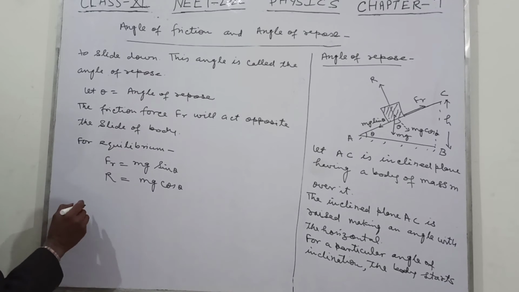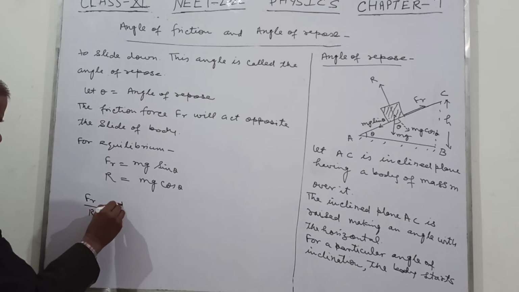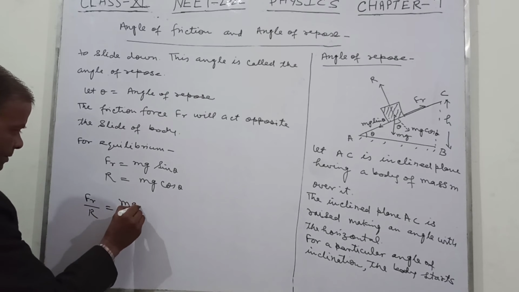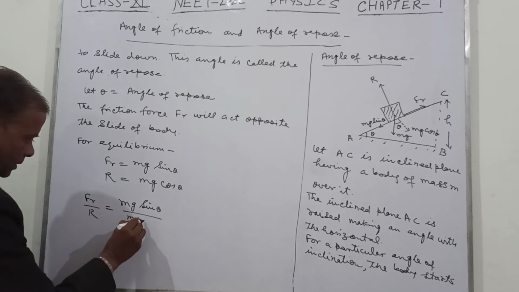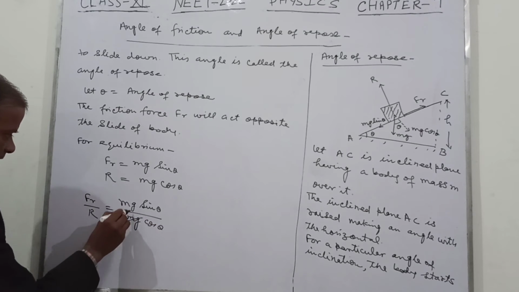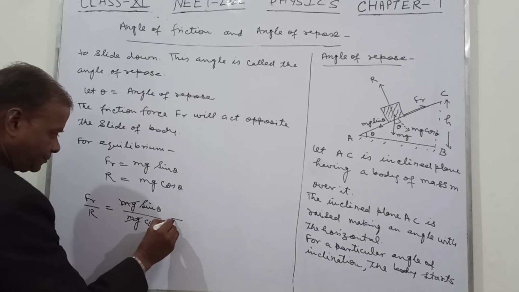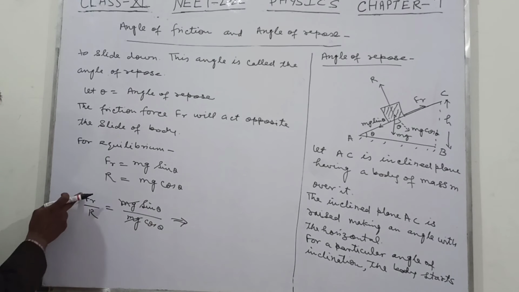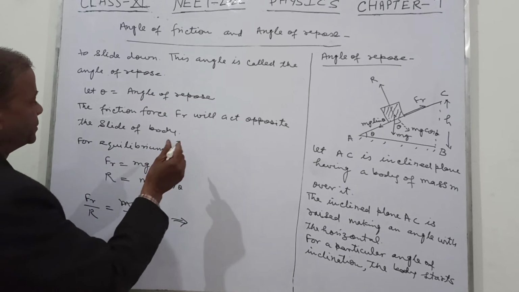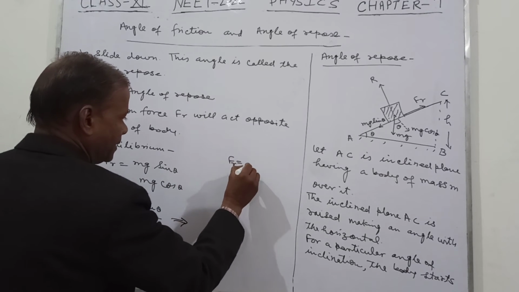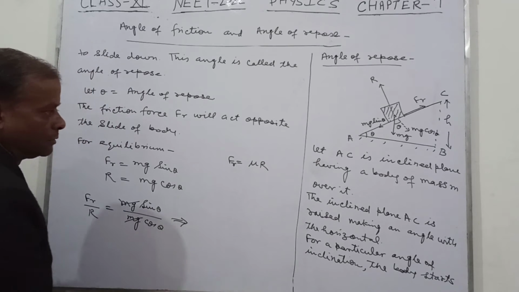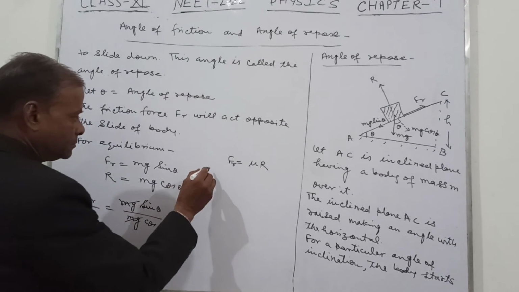So now if we divide Fr upon R, this is mg sin theta upon mg cos theta, and the m will cancel. The frictional force Fr is equal to mu R, where mu is the coefficient of friction.